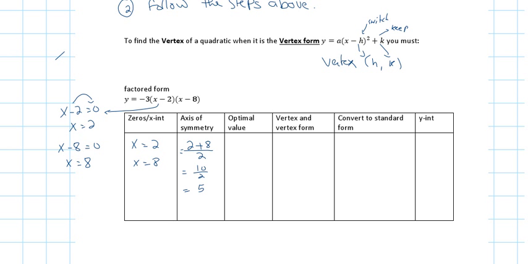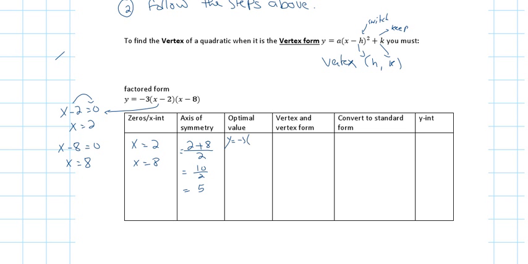How can I find the optimal value? I didn't hear you guys. Plug in the axis of symmetry for what letter? x. So if I plug in the axis of symmetry for x, I'm going to get y equals negative 3 times (5 minus 2) times (5 minus 8).